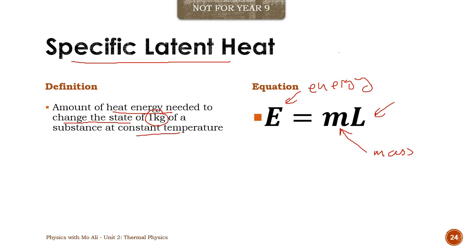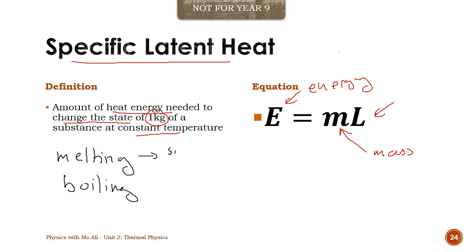Using this is quite simple, and again we plug in values in the equation and nothing is problematic. But I need to point something out. We have two types of change in state in the world. We have melting and we have boiling.